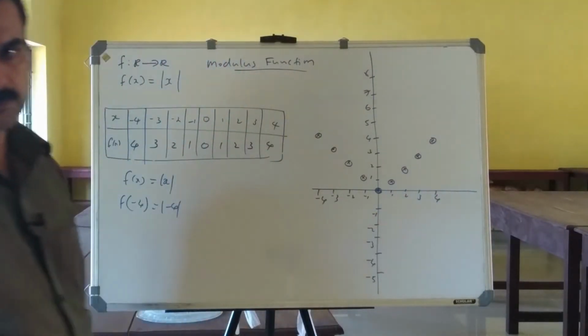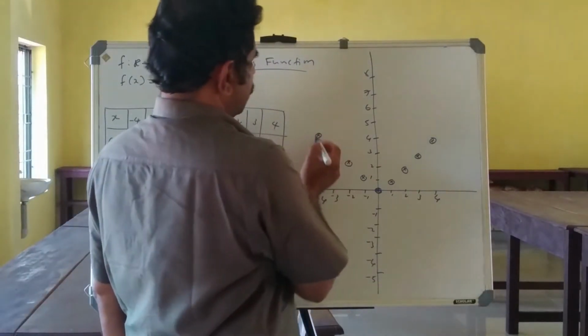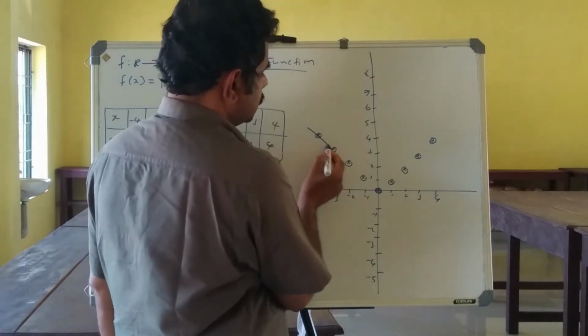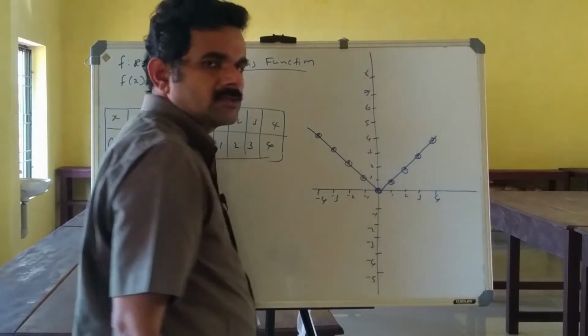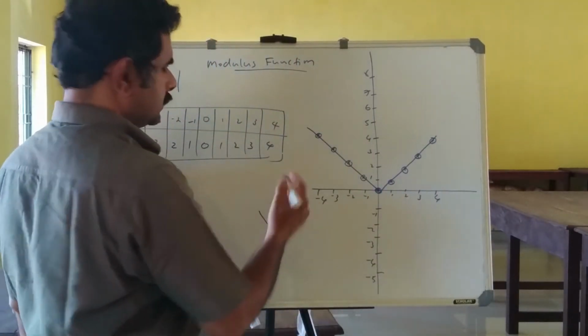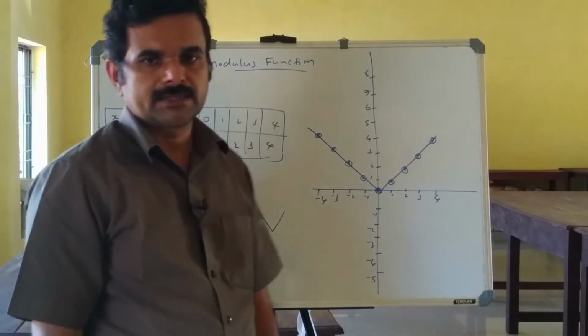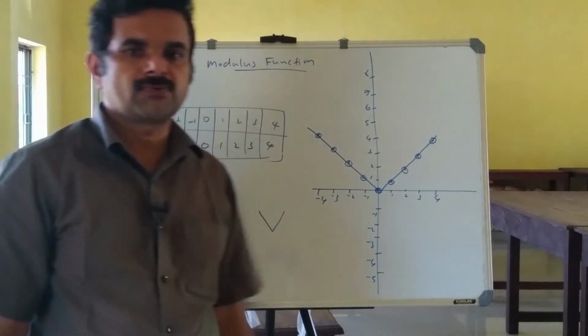Okay. Then draw these points by using a scale, because these form a straight line. Right. Capital V type. For a parabola, that is capital U type. Okay, so this is the graph of the modulus function.